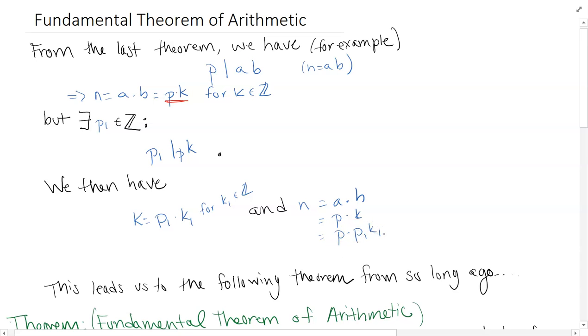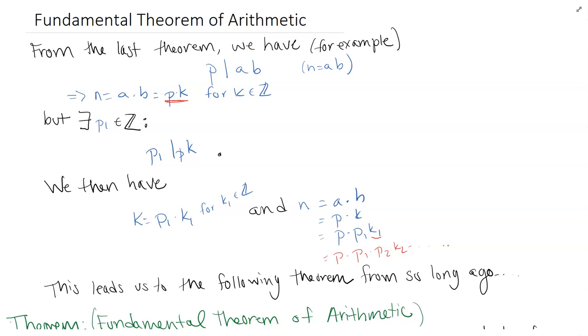Then we can apply the same idea to k1 and get this as p times P1 times P2 times K2, and so on and so forth. And you can continue breaking it down into primes.